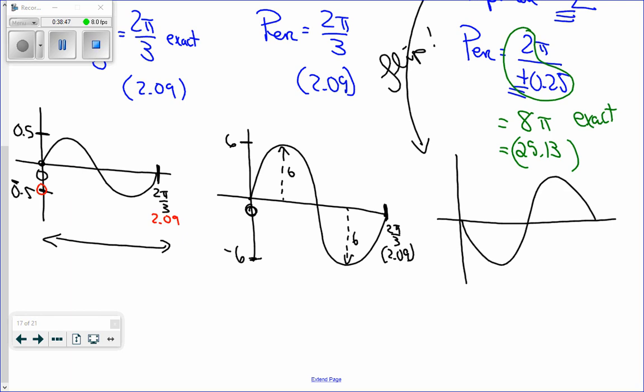That's all it does. It still goes 2 and 2. And from start to finish, it goes from 0 to 8 pi or 0 to 25.13. So that whole flippity-do thing, that is beyond 30-2.